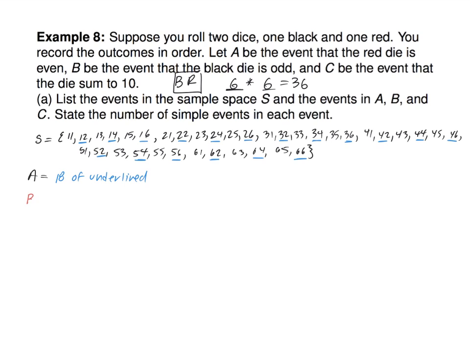B is the event that the black die is odd. So that's the first die, right? Okay, so let's underline those in a different color or form. Let's do squiggles, and I'll do red. So that one, that one, that one. Skip those. So this one.